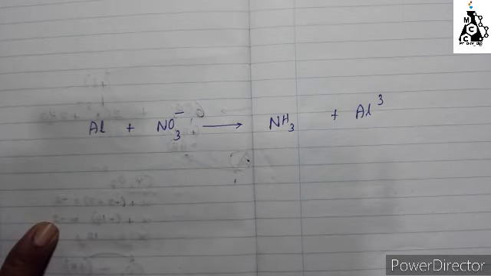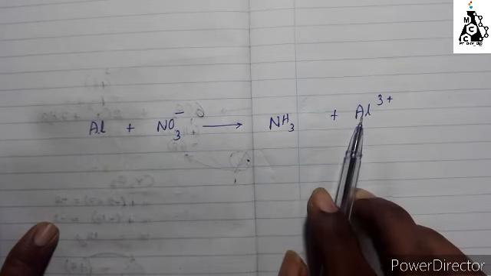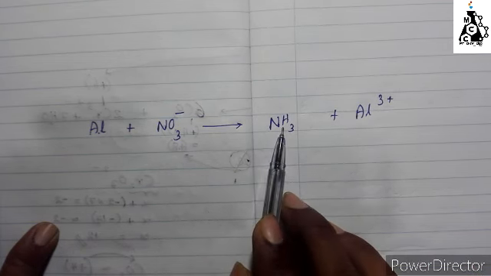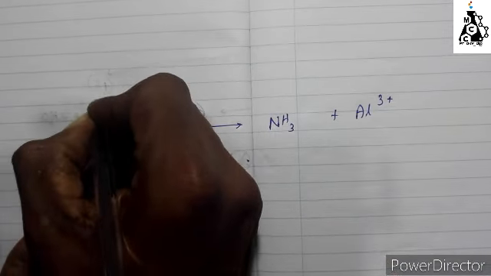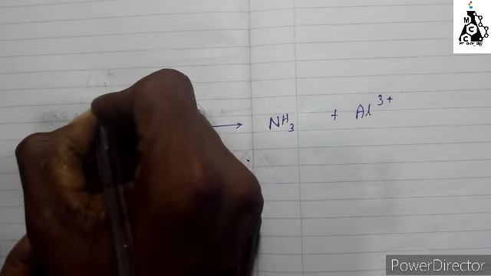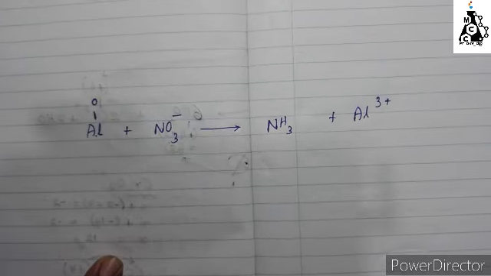Now we will learn how to balance the equation in basic medium. Okay. Now imagine aluminium will be oxidized to Al3+ and NO3- will be reduced to NH3 in basic medium. Here we can find out the oxidation number of aluminium is 0, because the oxidation number of a neutral element is 0.